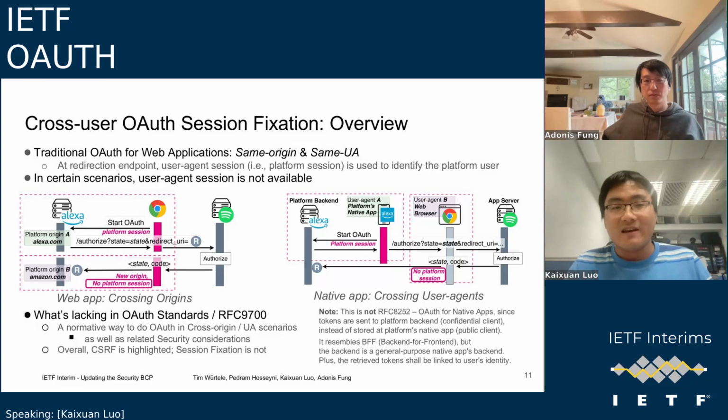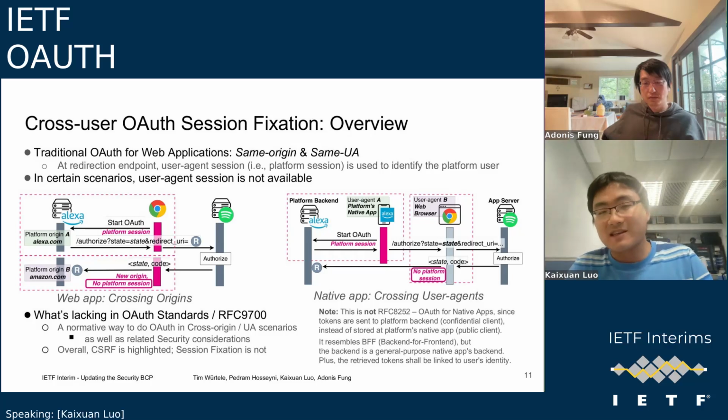But what Alexa could do is simply follow RFC 8252, the established OAuth standard. Then you are running OAuth, punching out to the external user agent, which is a web browser, to do OAuth, which may not have an Alexa user session in the browser. So in this case, at the redirection endpoint, you also don't know which platform user the token should be bound to.